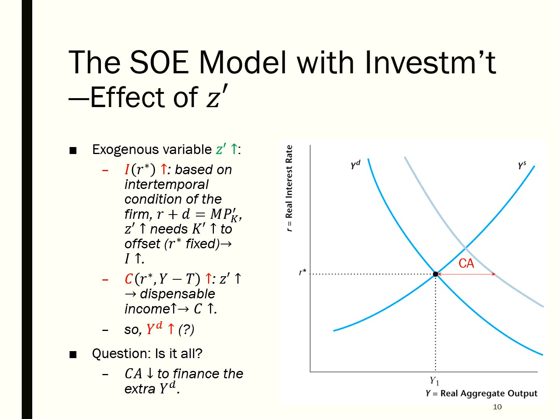Note that the increase in consumption has to be financed by your future income, and this is done through credits or borrowing from the rest of the world. So CA, or national savings, will decrease in this case to finance the extra aggregate demand. This is the dominant force on the demand side of the output market. It will shift the aggregate demand curve to the left rather than to the right. And the supply curve doesn't change because it is not the change in Z but the change in Z prime. It will only happen in the future.